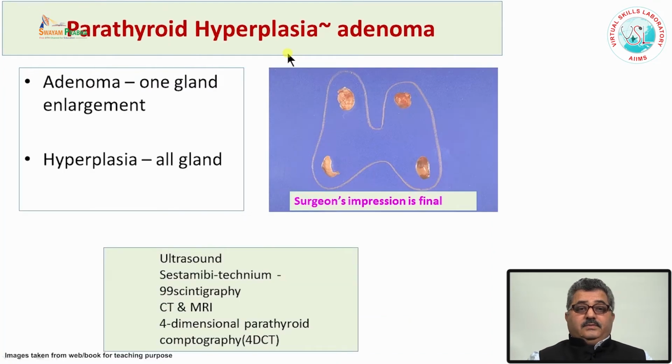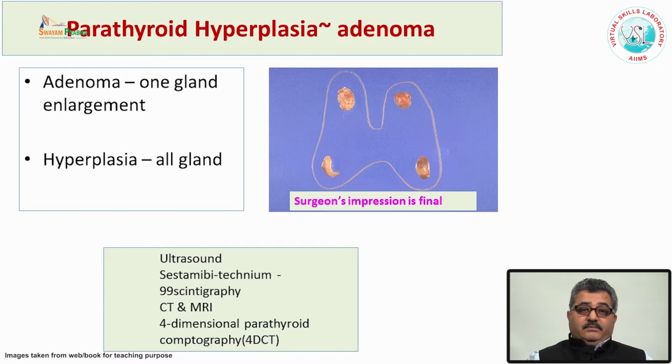How to differentiate between parathyroid hyperplasia and adenoma? This diagram shows that in adenomas, only one gland is involved, which is enlarged. In hyperplasia, all glands are involved. In the older era, the most important diagnostic difference between adenoma and hyperplasia was the surgeon's impression during surgery.